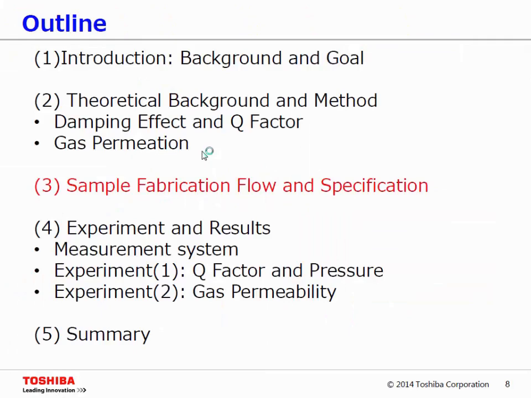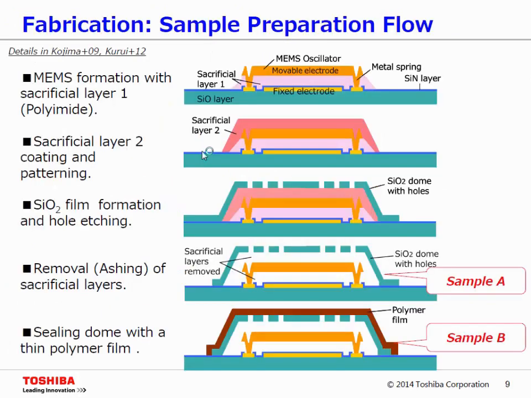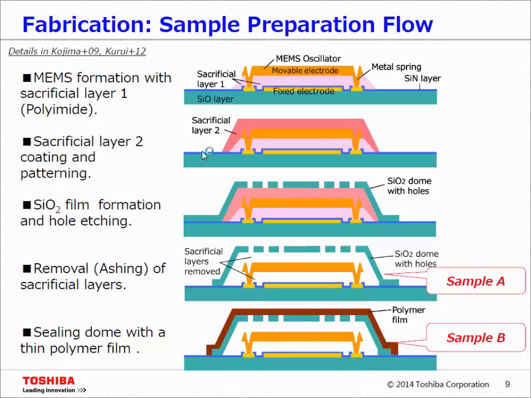Here comes the sample fabrication. It's a digest. I started with the formation of the movable part electrode on a sacrificial layer made of polyimide, and above it I deposited another sacrificial layer 2 in order to form an insulator dome, an SiO2 dome in this case.